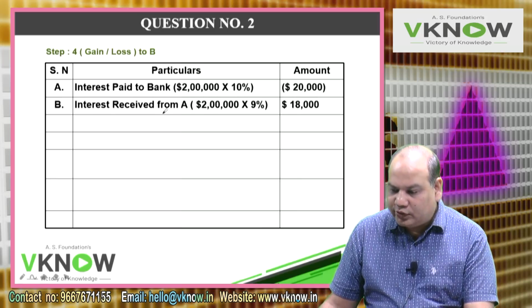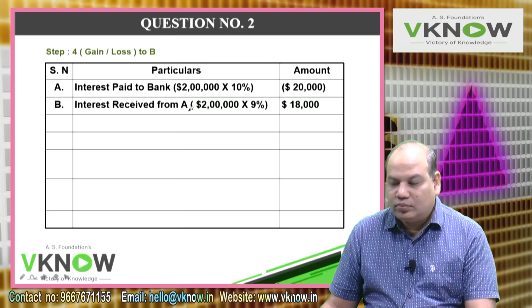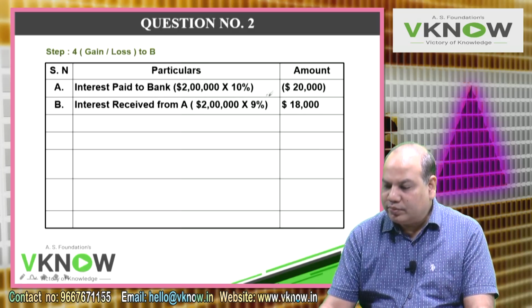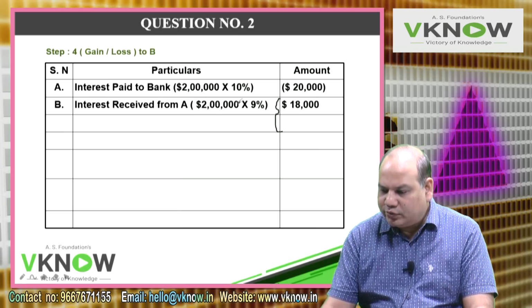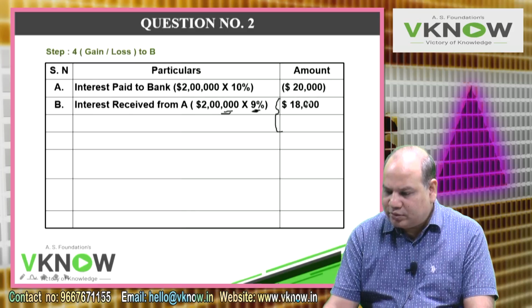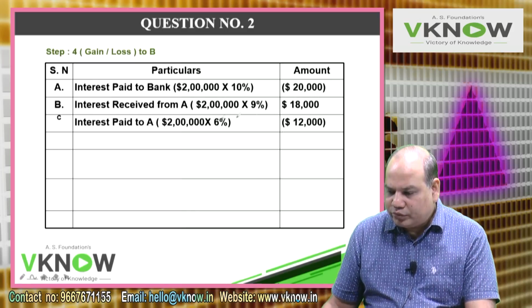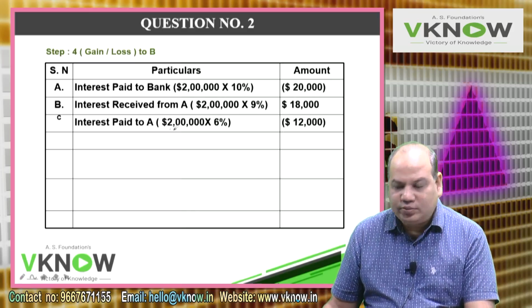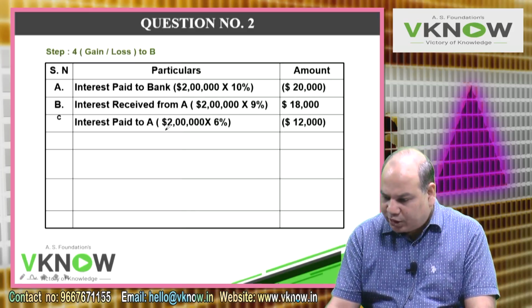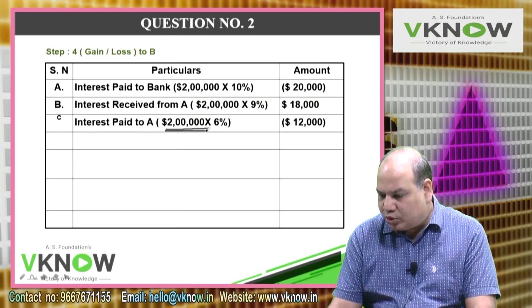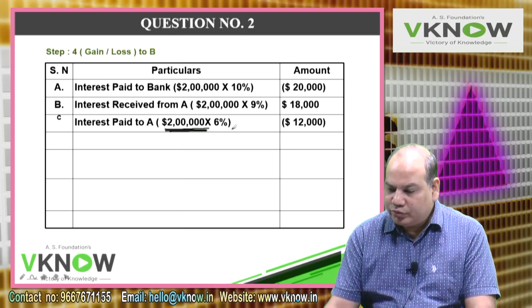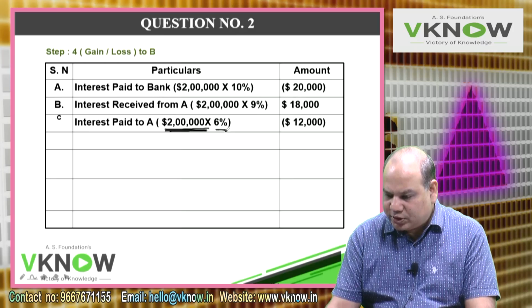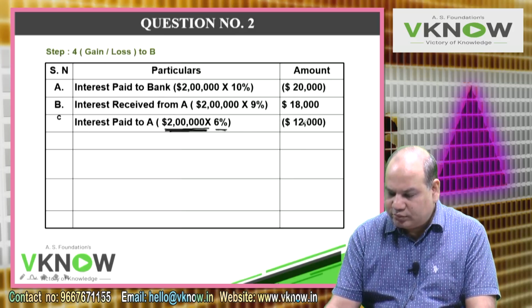Point B, write down interest received from A. These two transactions now are swap transaction. It will receive interest from A on $2 lakh at 9%, 18,000 inflow, and point C, interest paid to A. Interest will be paid to A on 2 crore 40 lakh yen, which is equal to $2 lakh, and the exchange rate has not changed, so don't worry about it, into 6%, so it pays 12,000.